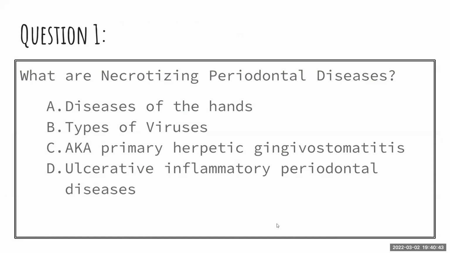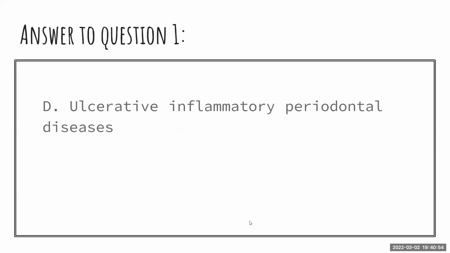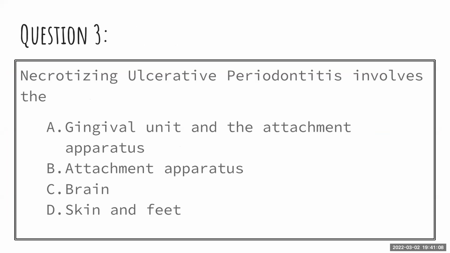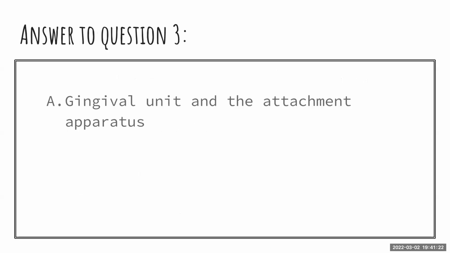Okay, what are necrotizing periodontal diseases? What's the best answer? It is D. Gingivitis, NUG, only involves the gingival unit. No, this is NUP, involves the perio. Wouldn't it be nice if all the questions were that obvious?